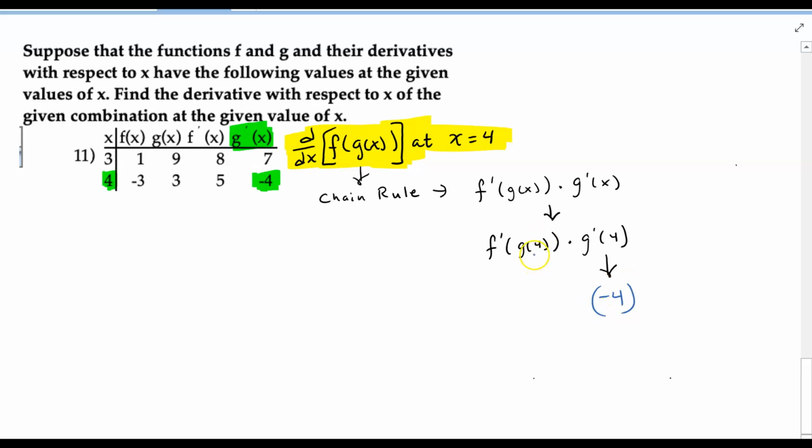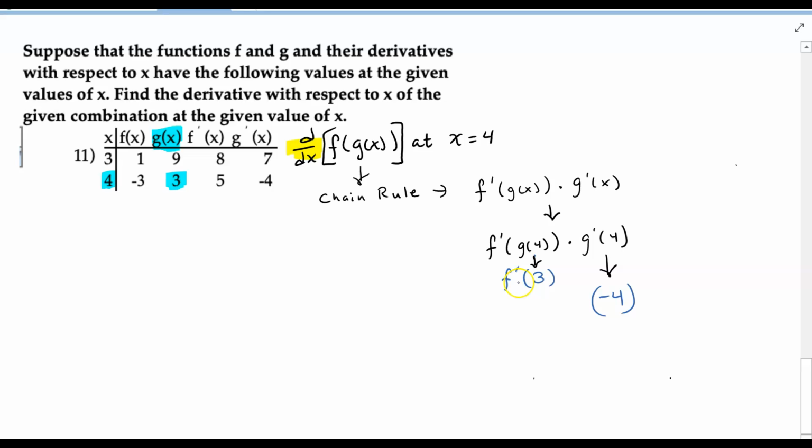And then g of 4, all right? So g of 4 I can find from the chart. Let's erase that for a second. G of 4, let's use a blue highlighter. G of 4 is this value 3. So then I have the value 3, and I'm going to take f prime of 3.